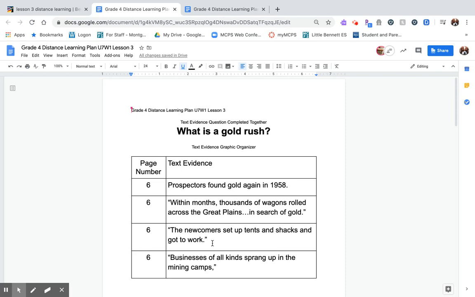Again, this is copied directly from the text, so I need to use quotation marks. My last bit of text evidence was when it said that businesses of all kinds sprang up in the mining camps. Again, I used quotation marks to cite my evidence because I copied it directly from the text.